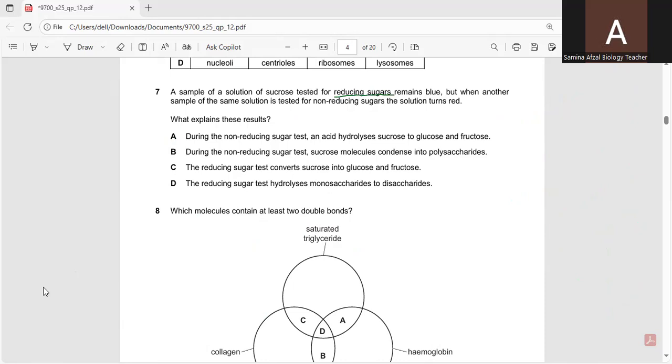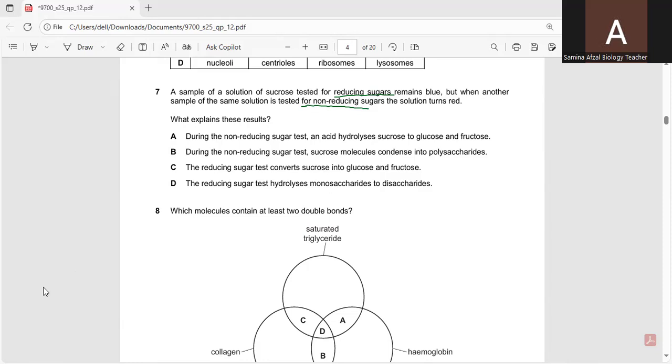It is also called the Benedict test, which is used to find out the presence of monosaccharides, glucose or fructose, in a given sample. Whereas the non-reducing sugar test is for disaccharides and polysaccharides, for example sucrose. So we have to find the correct option which explains these results.